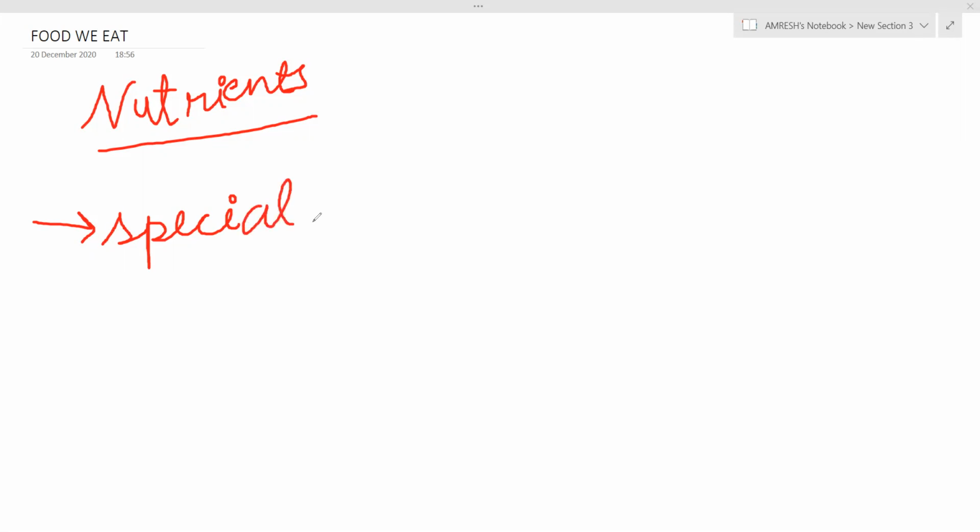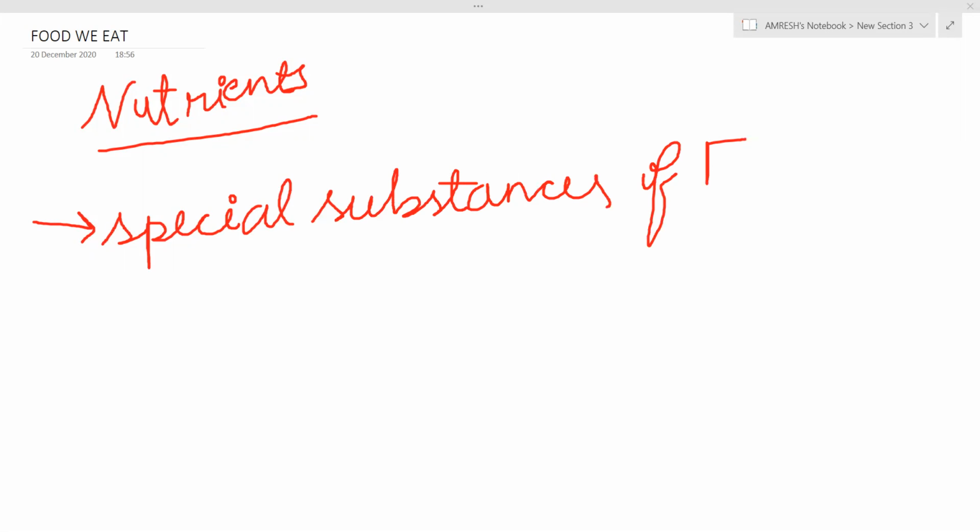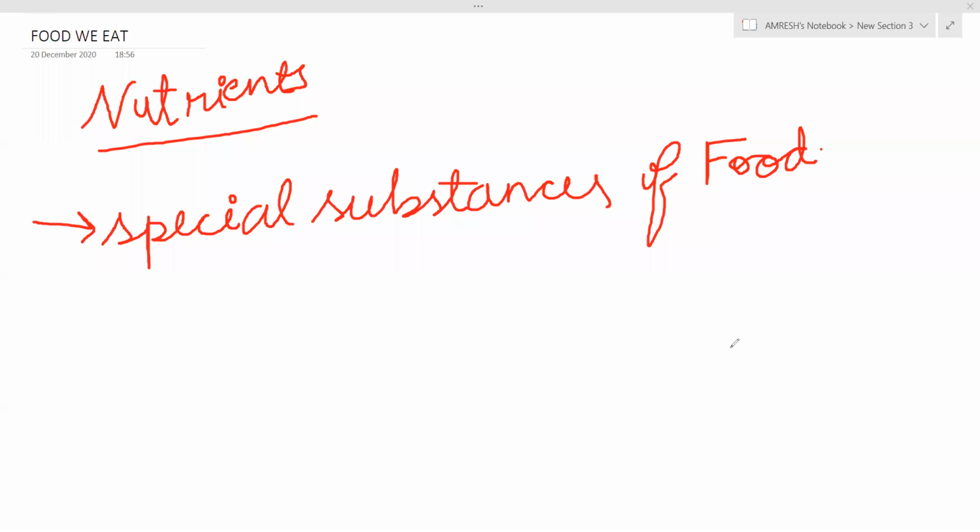So the special substances of food are called nutrients.